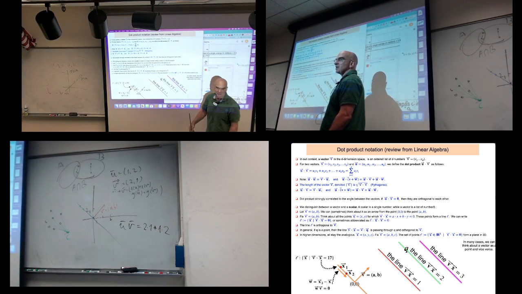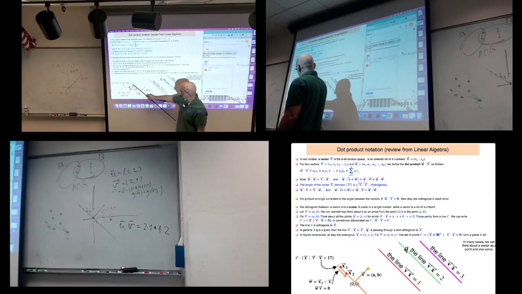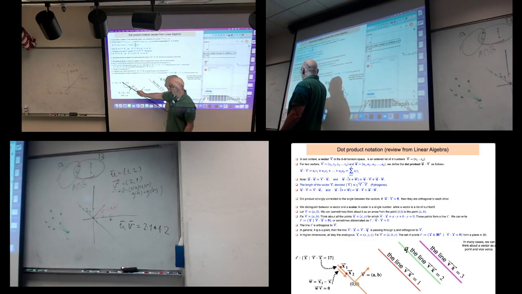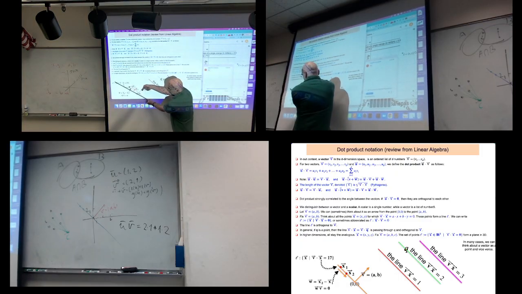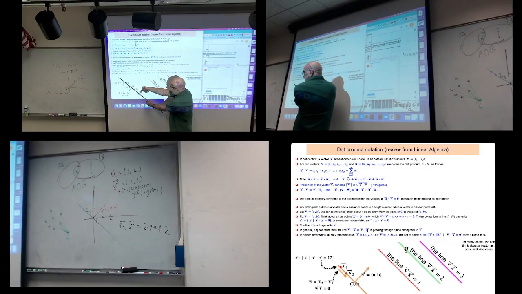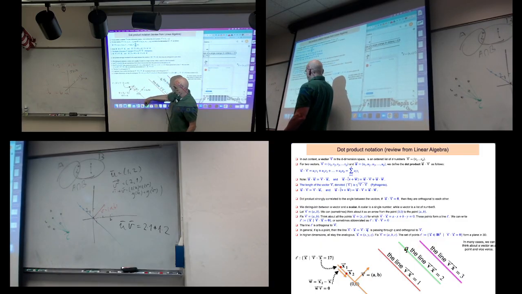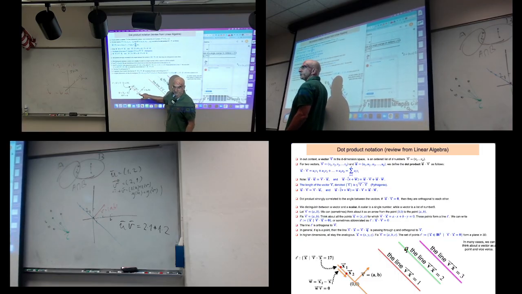Claim: in 2 dimensions, they are on a line. This line is still orthogonal to v. Here is v. This line is orthogonal to v. But now, as opposed to the example before, it doesn't necessarily go through 0, 0, 0. Instead, it's going through some other point.